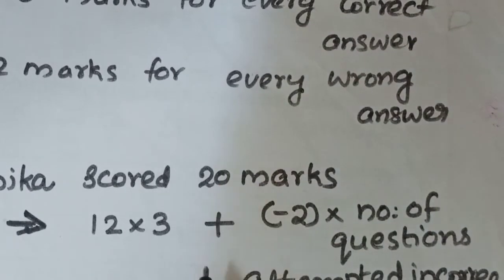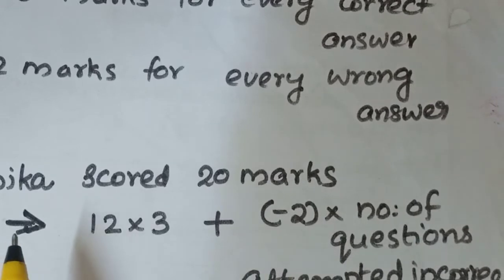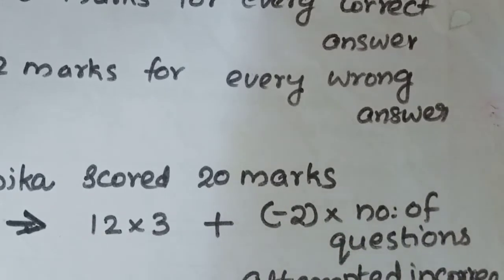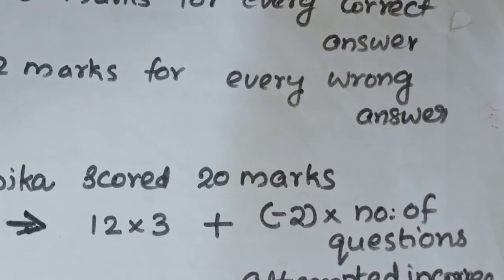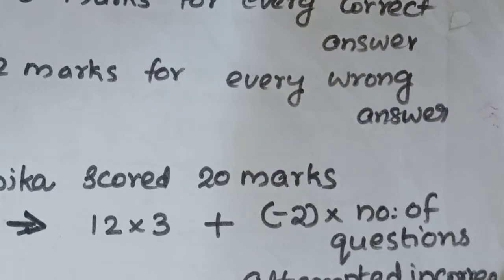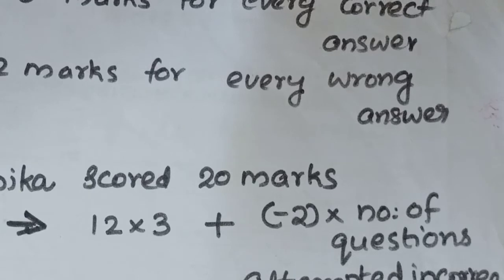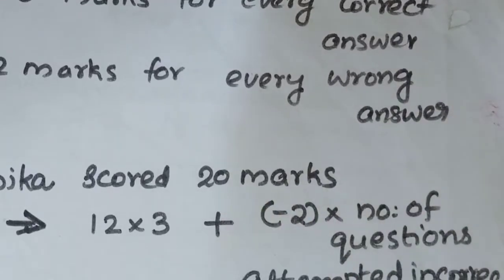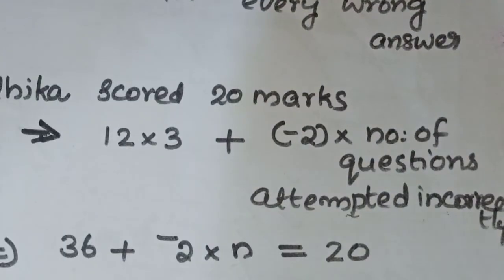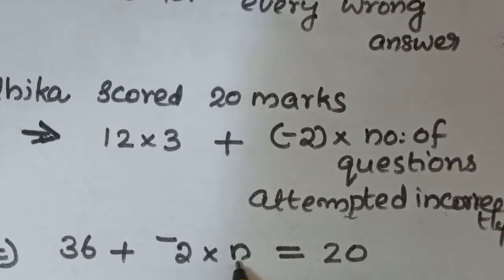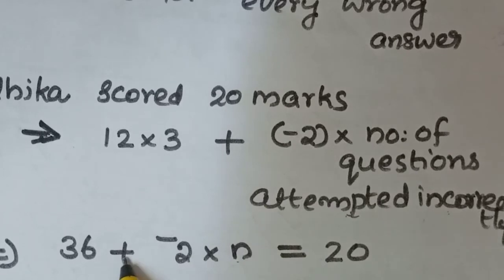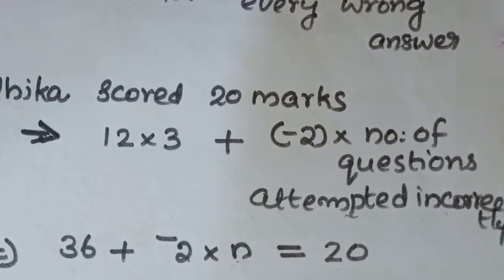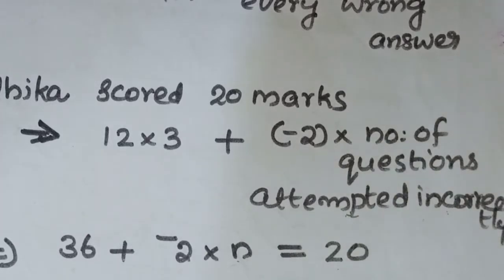So 12 into 3 and negative 2 into the number of questions attempted incorrectly. Here we want to find the number of questions attempted incorrectly. Her total score is 20. The number of questions can be taken as n. So 36 plus negative 2n is equal to 20. Then minus 16 is negative 2n.